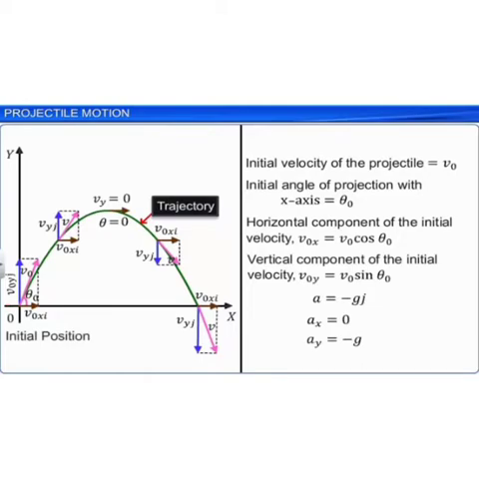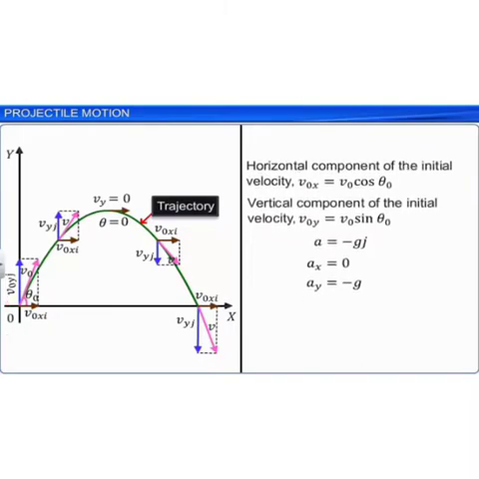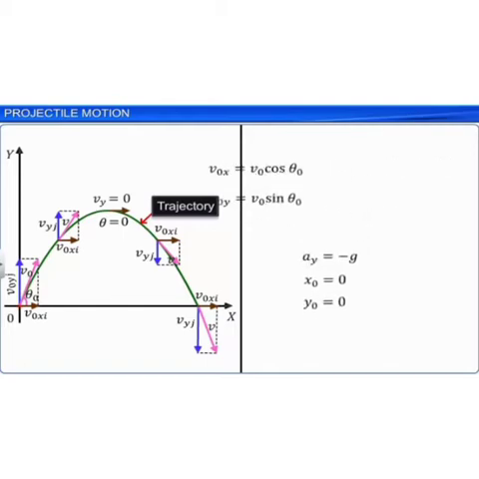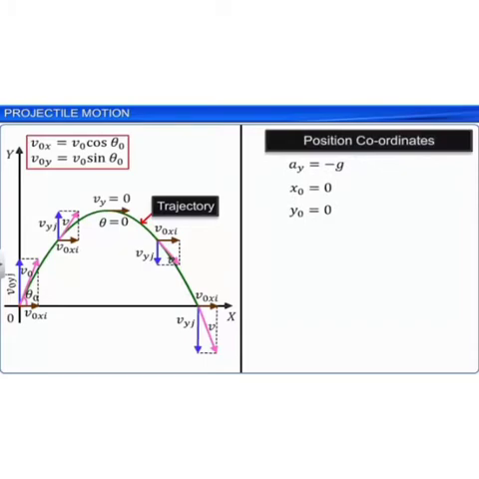Now, let's find the position coordinates of the projectile at any time t. Consider the horizontal motion: x is equal to v0x into t. On substitution, we get x is equal to v0 cos theta 0 into t. Let this be equation 1.